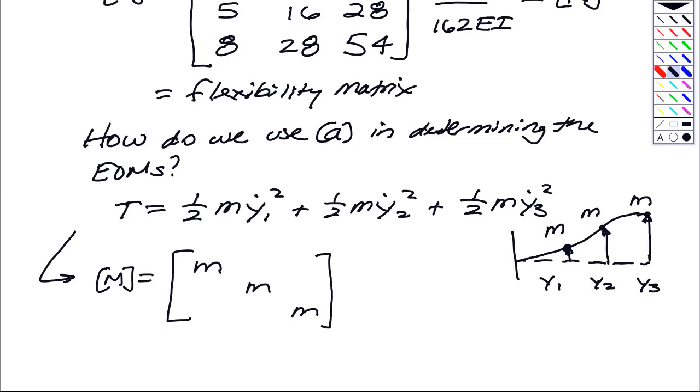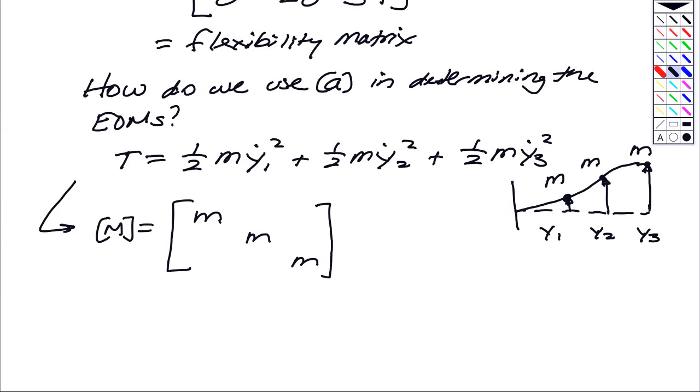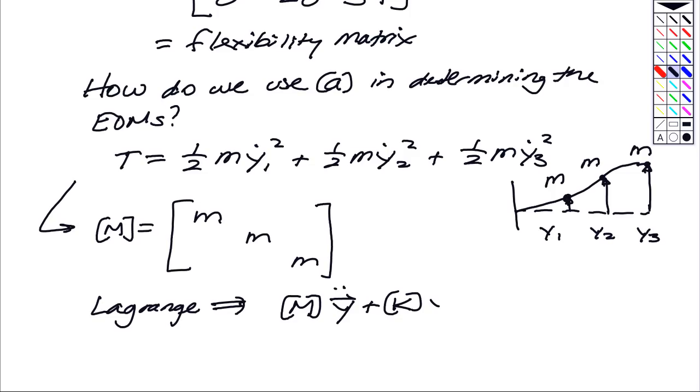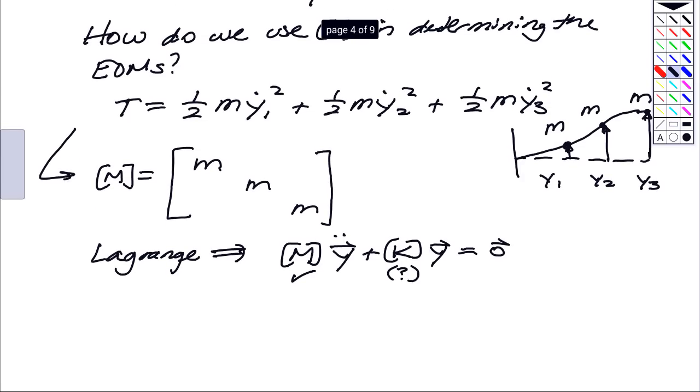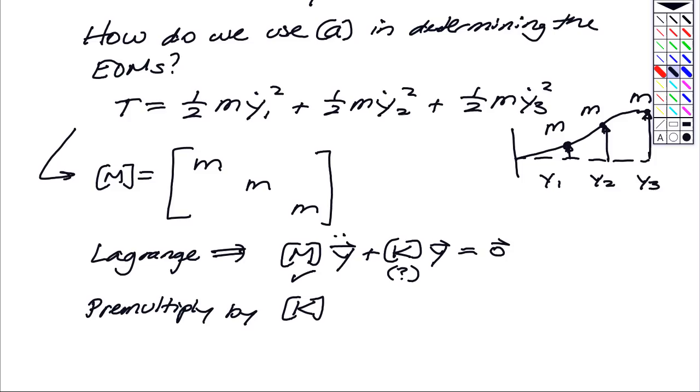So what Lagrange's equations would give us is this: m y double dot plus k y is 0. So we know this. K we don't really know. We know k inverse. Why not pre-multiply our Lagrange's equations by the inverse of k?